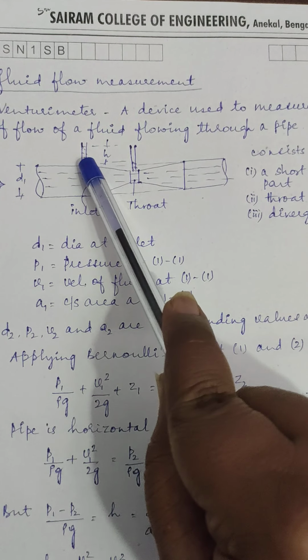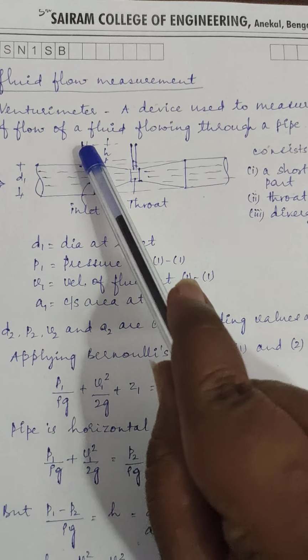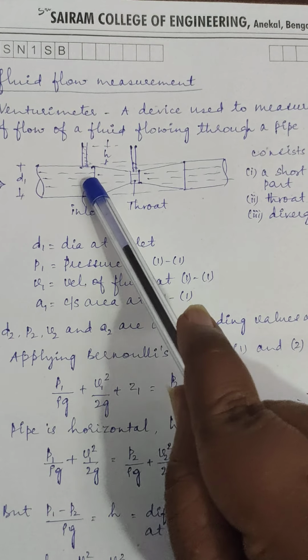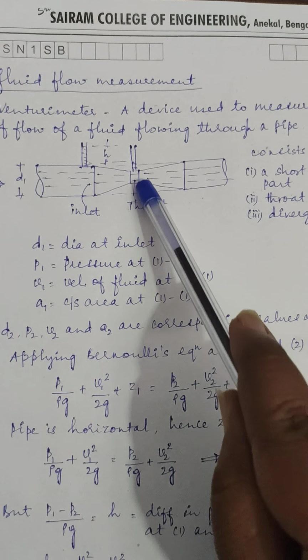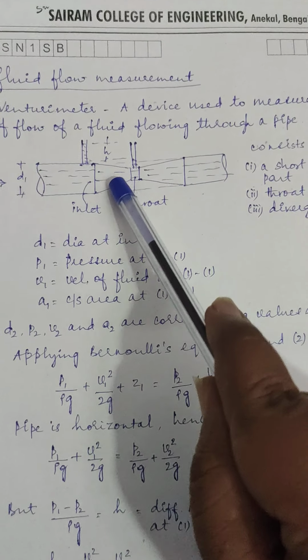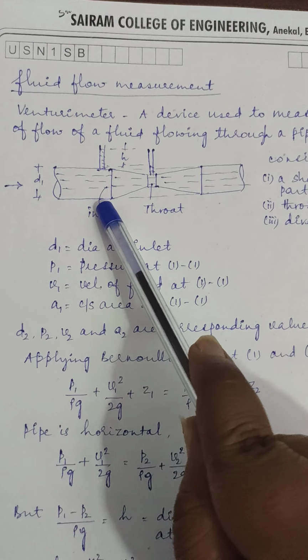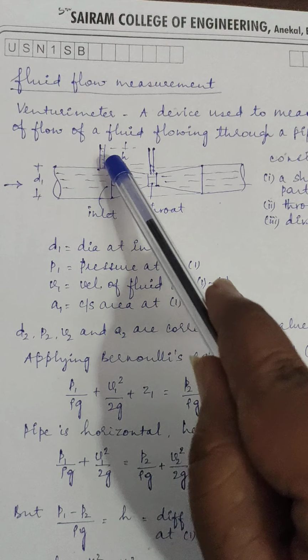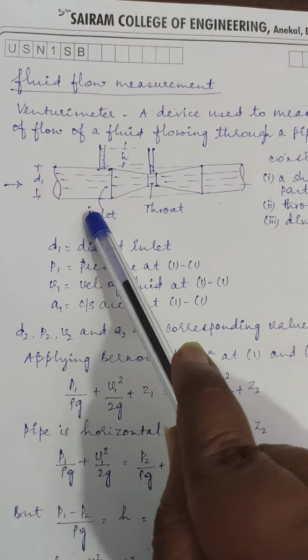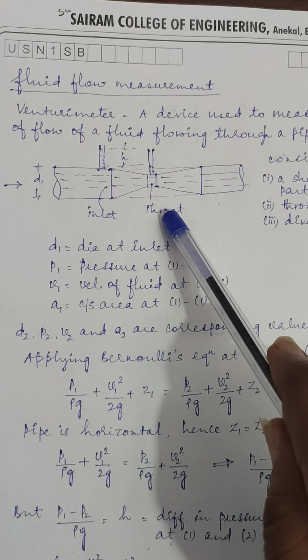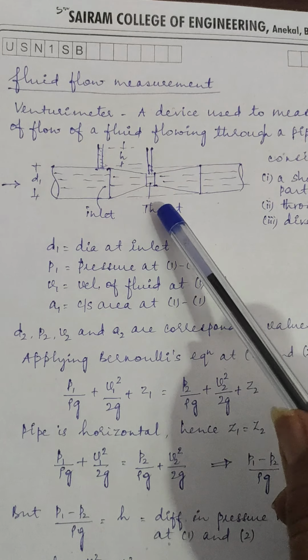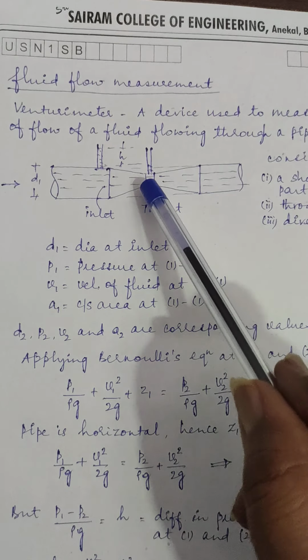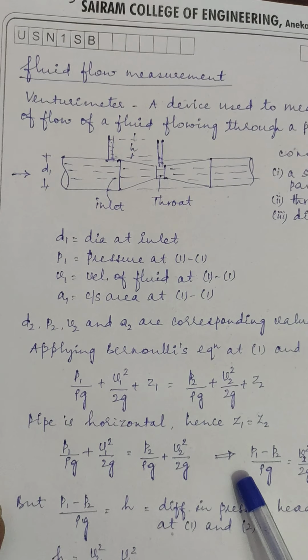One end of the manometer is connected at the inlet of the pipe, where the diameter is D1, and the other end of the manometer is connected at the throat, where the diameter is very small.